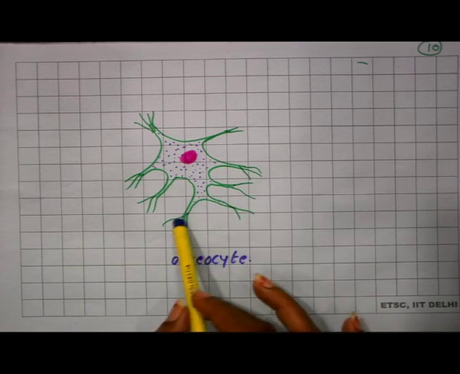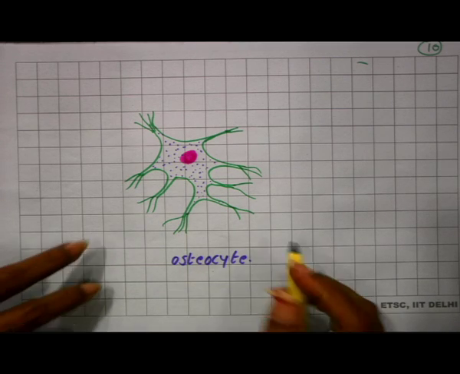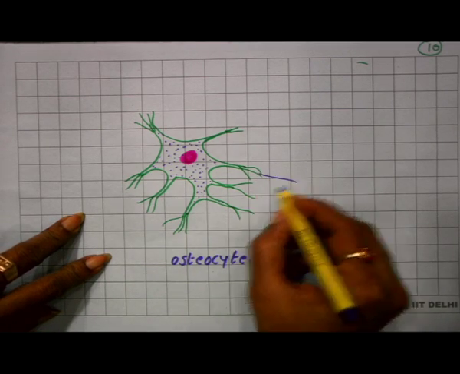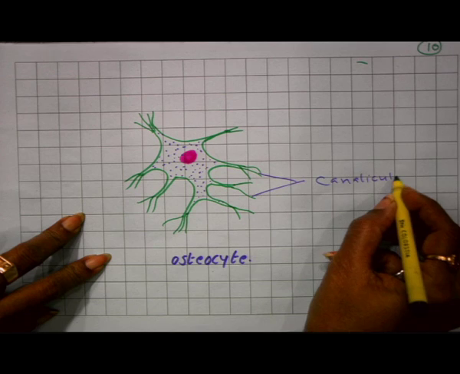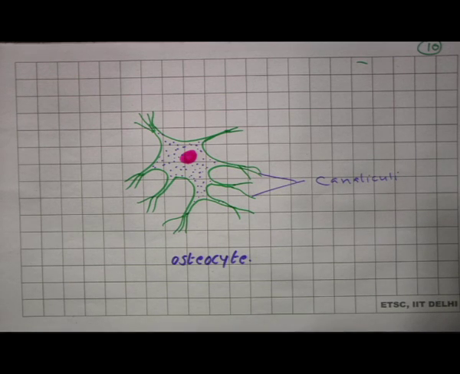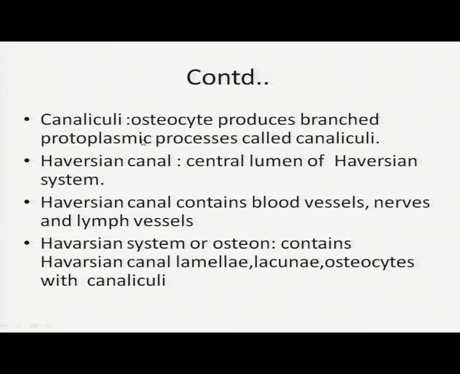And these branches are known as the canaliculi. So, canaliculi are the branches of osteocytes, and they are the protoplasmic processes arising from this osteocyte.